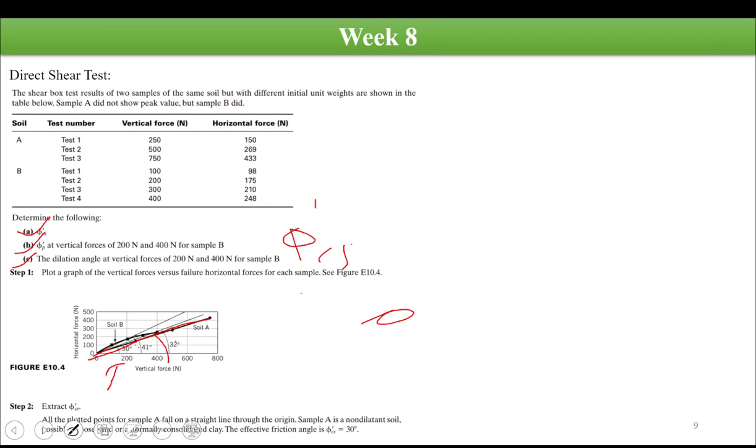So the value of c will be 0, and if we obtain the slope, it's going to be around 32 degrees. So phi dash critical state is obtained as 32 degrees.